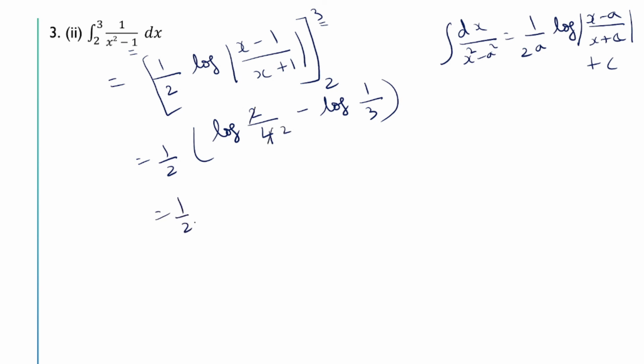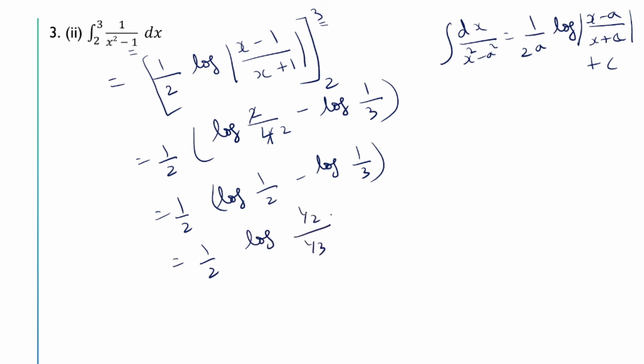So this is equal to half into log half minus log 1 by 3. We know that log a minus log b is equal to log a by b. So this is equal to log of half divided by 1 by 3, or it is equal to half log 3 by 2.